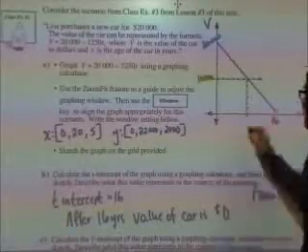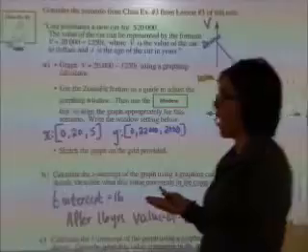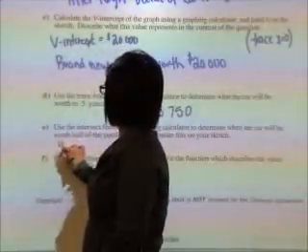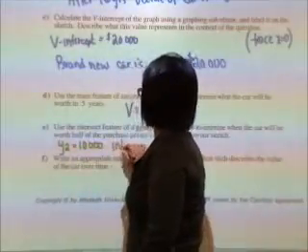That's what you're trying to find. So I can't use a trace because I can't input a value in for y. But I can trick the calculator by letting y2 equal 10,000 and find the intersection.